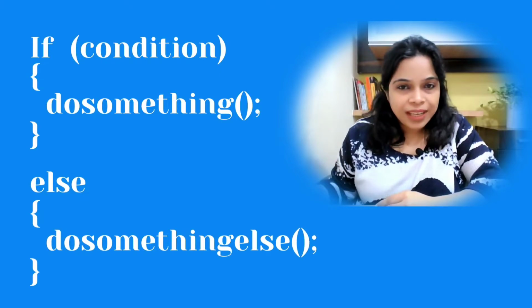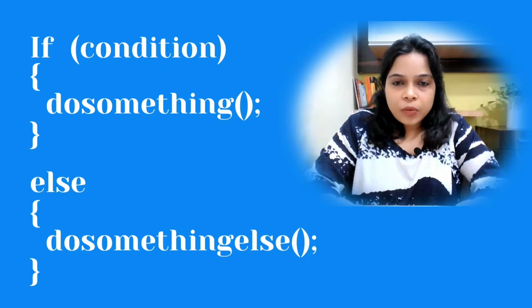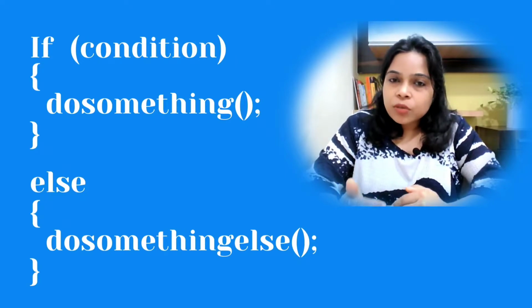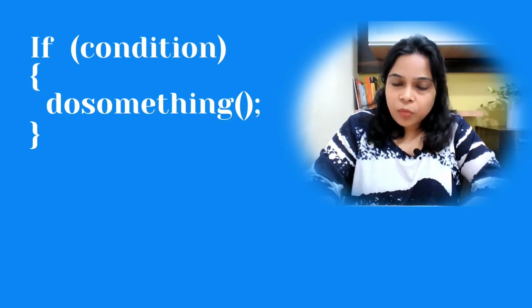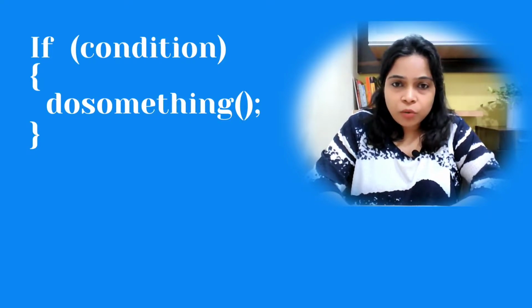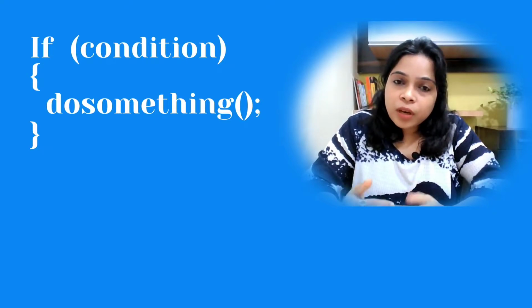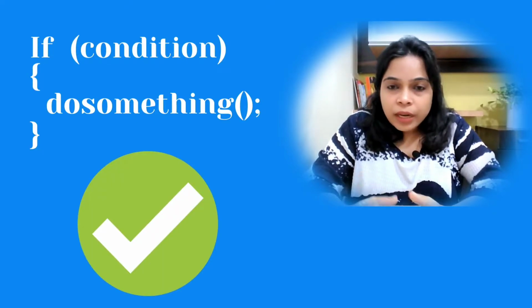If the condition is true, do something. Otherwise, do something else. This else block in most programming languages is optional. So if you just want to instruct your program, if this condition is true, do something, and you don't want your computer program to bother about what to do if the condition is false, that is also possible.